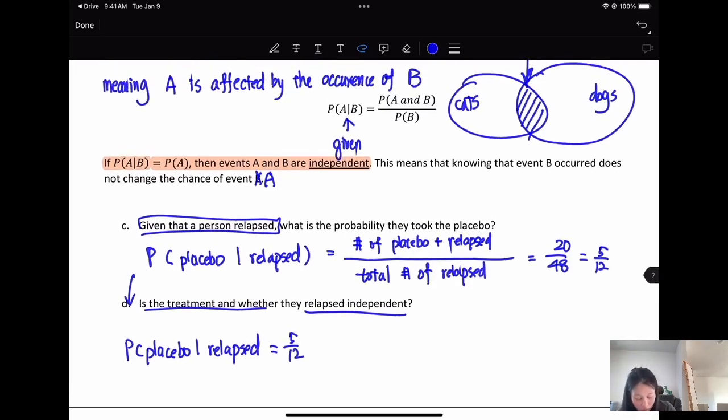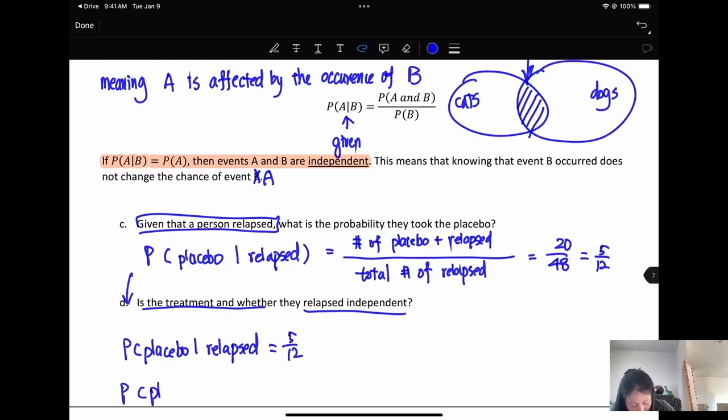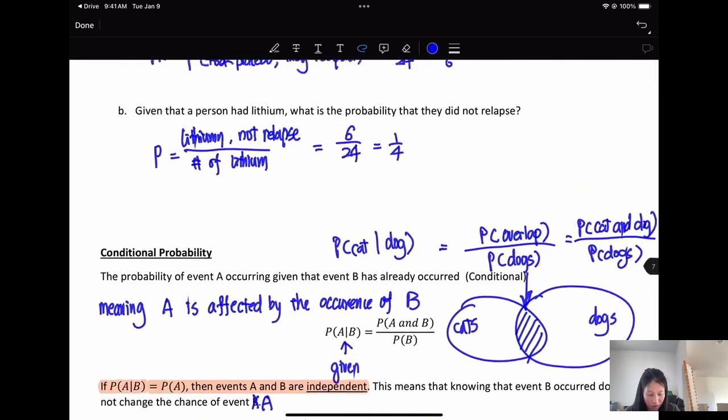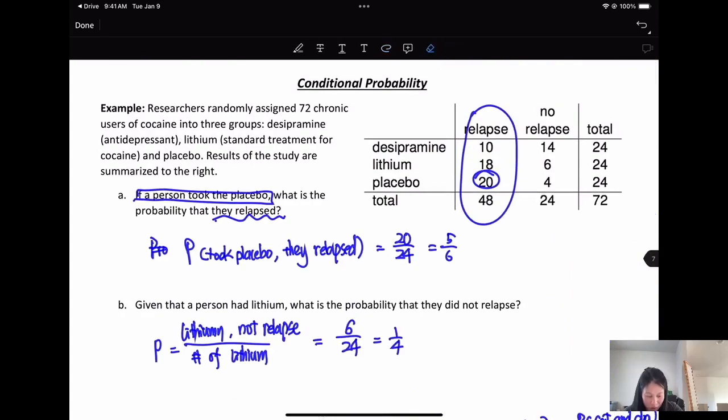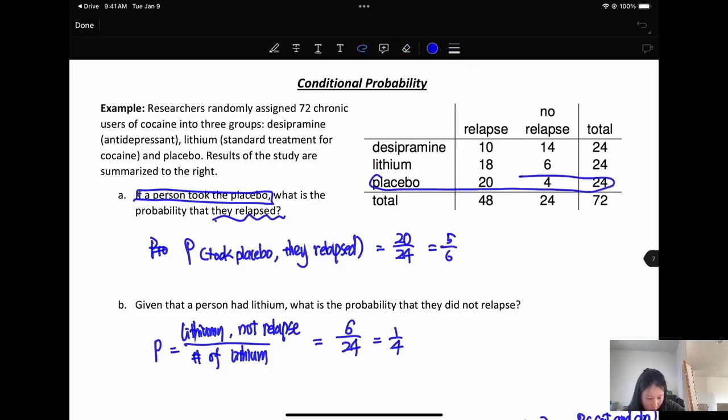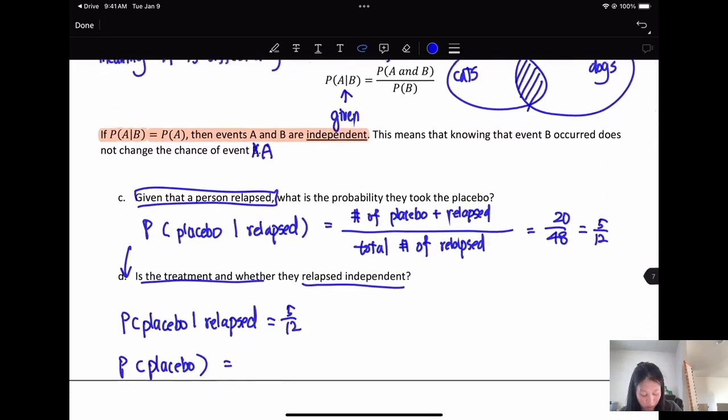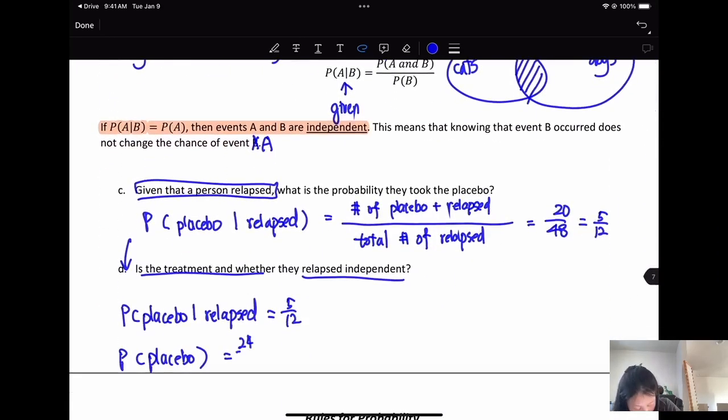Now we want to know the probability that people took placebo. Let's take a look. In here, totally 24 people took placebo out of 72. So the probability of people who take placebo is 24 out of 72, which when we reduce it, I would get 1/3.